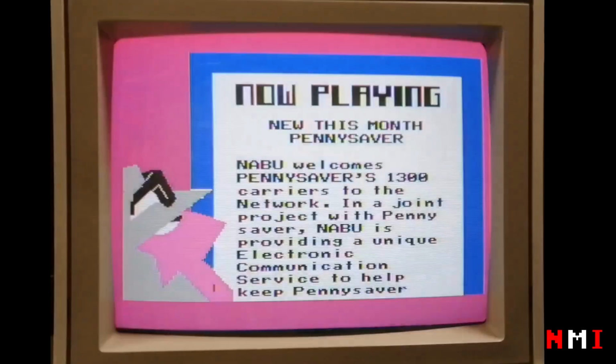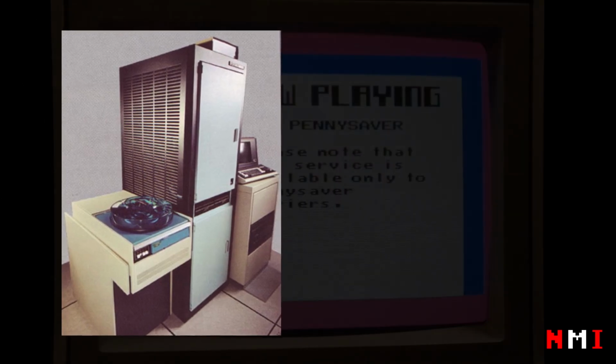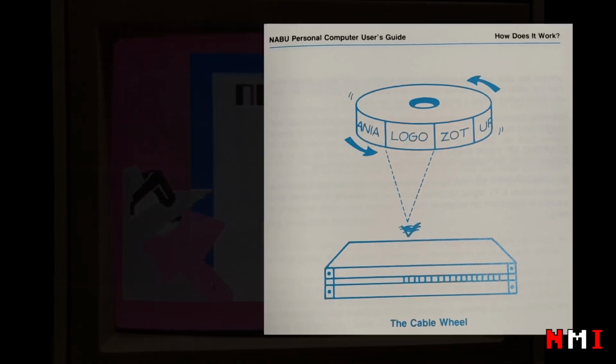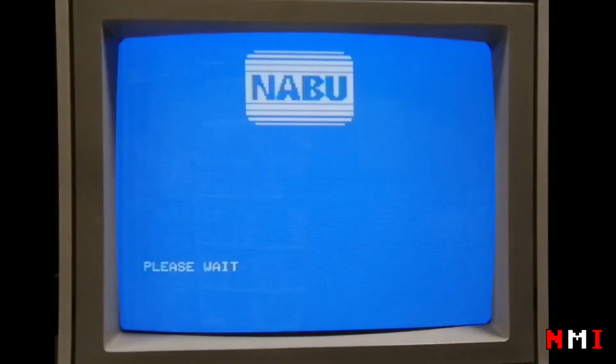Back to the NABU network, it consisted of a central server that periodically broadcasted software over the cable. A cycle included the OS and the menu navigation software. And from there, the user could select applications, games, news, and other services.